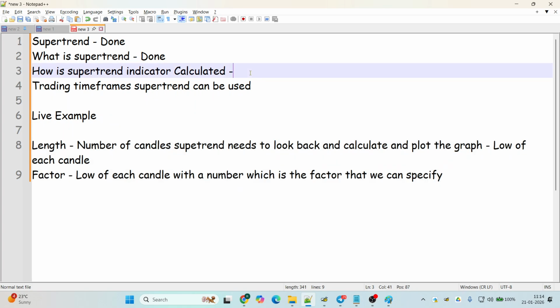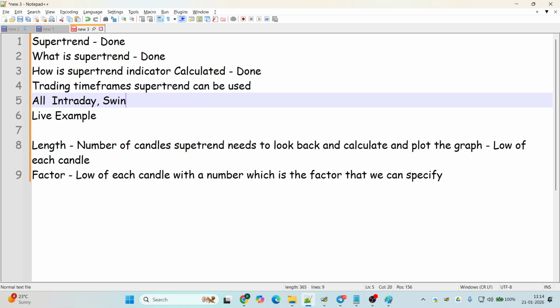Okay, so now let us go into the trading time frames in which the super trend can be used. Basically everything: intraday, swing, positional, and investment. Okay guys, so now I'll tell you a live example.